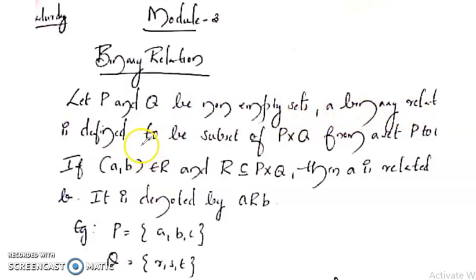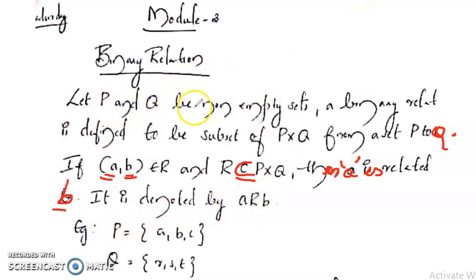A binary relation is defined to be a subset of P cross Q, from a set P to Q. If (a, b) belongs to R and R is a subset of P cross Q, then we say this element a is related to b. It is denoted by a R b.